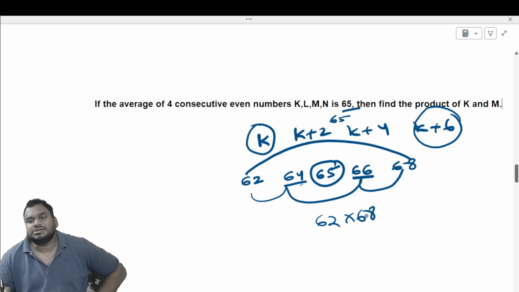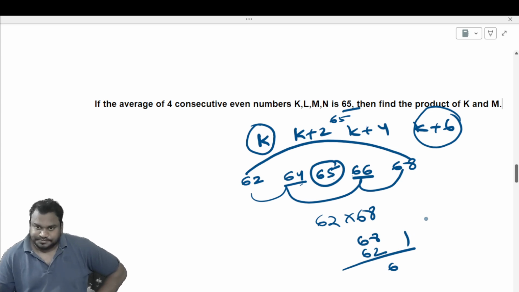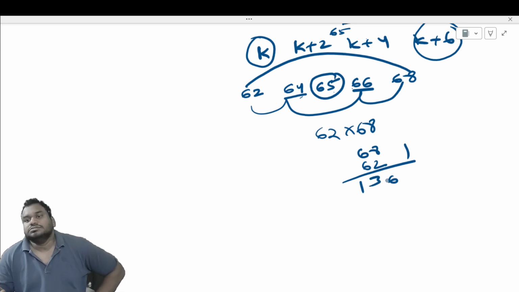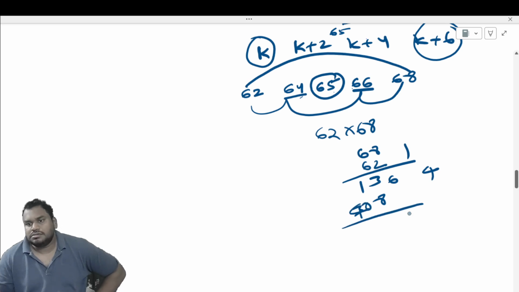Whatever value you are going to get, that is the answer. So 68 and 62. 4, 2, 1, 6 is the answer.